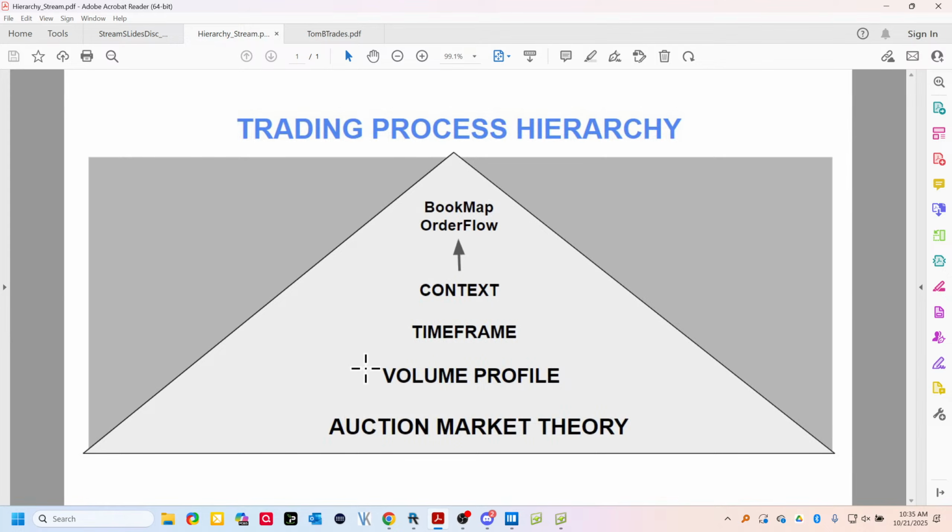We use a volume profile as a chassis to overlay trades on. What time frame do you trade, and what is the condition of the market? In other words, context. This is maybe the hardest part of trading: knowing that all environments that we operate in are not created equally, and that trades that might qualify and have an edge in one condition do not have an edge and are not qualified in a different condition.